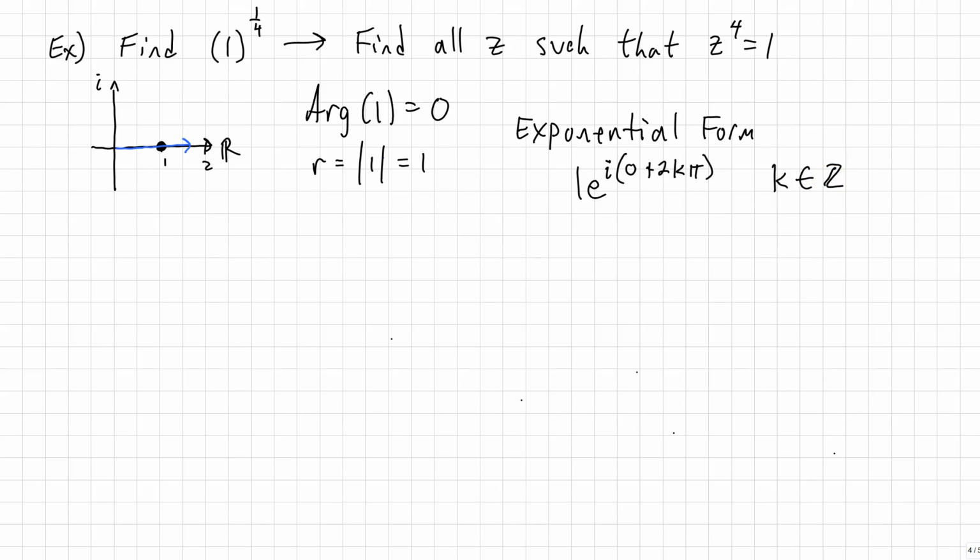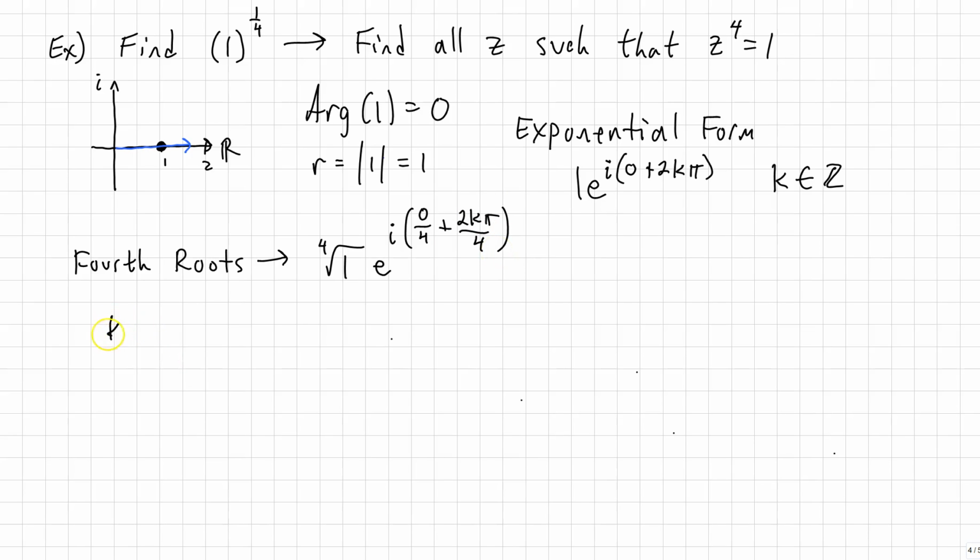So now let's do its fourth roots. We would do the principal fourth root of 1, times e to the 0 divided by 4 plus 2k pi divided by 4.